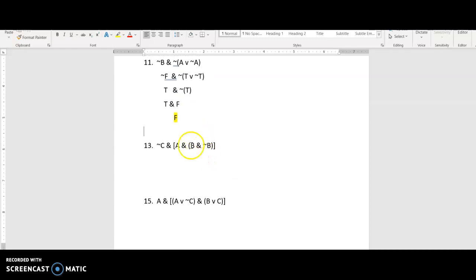So always work from innermost parentheses out to the main operator. Here we have two operators outside of parentheses, but this one's a negation. So the and is the main operator, the conjunction. So not C is not true, and false and not false.